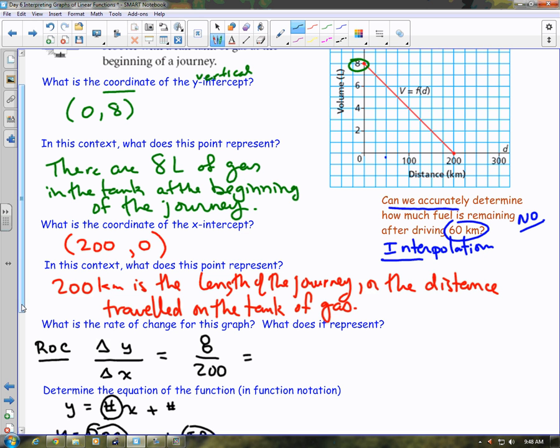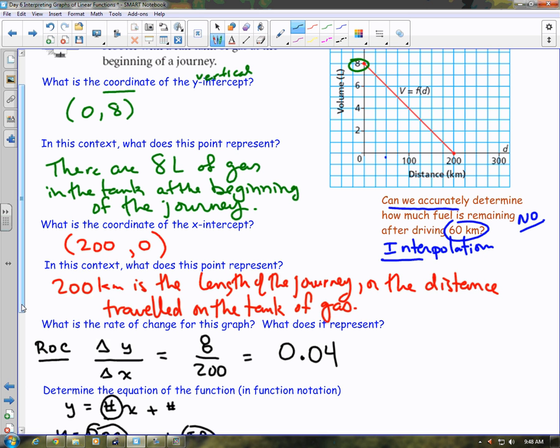Except there's one thing that's a little bit different here. 8 over 200, you can change that to 0.04, that's the equivalent decimal. The only thing is it's technically not a positive number, because the change in those y values is going down.